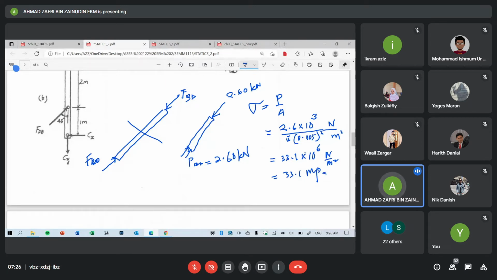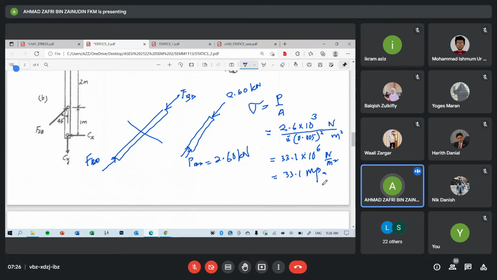But do you think that this is complete now? If I want you to find the normal stress in BD, is the answer complete? It is not complete, as I said just now. For normal stress, we have either tension or compression, right?